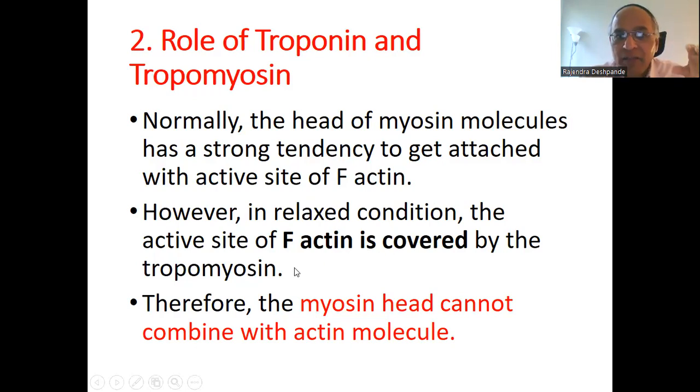It is covered by tropomyosin. They will not allow the myosin, a big and strong filament, to come to the actin. Unless there is a necessity of contraction, actin molecules are a little shy and are not open. Therefore, the myosin head cannot combine with the actin molecule.